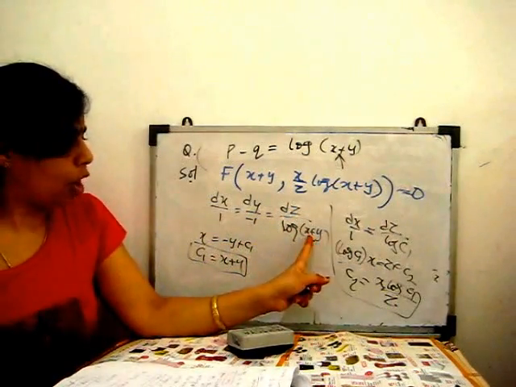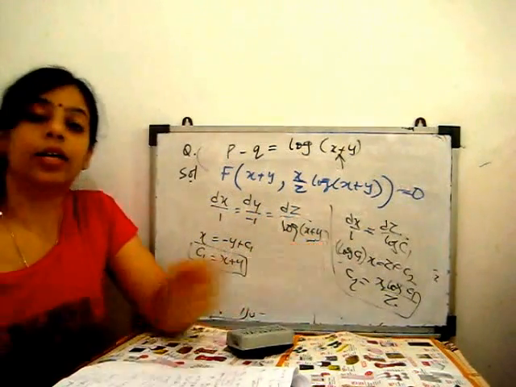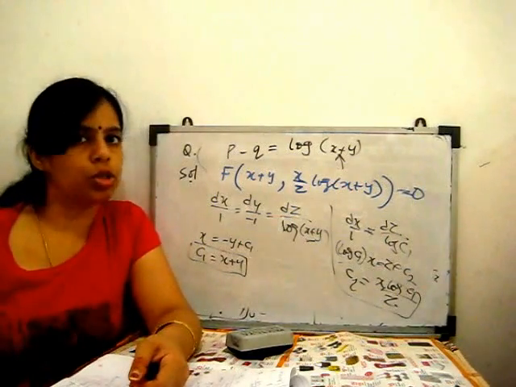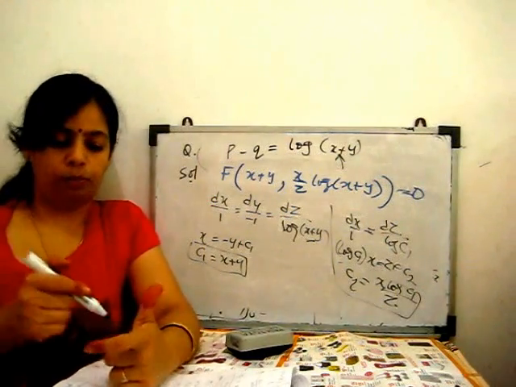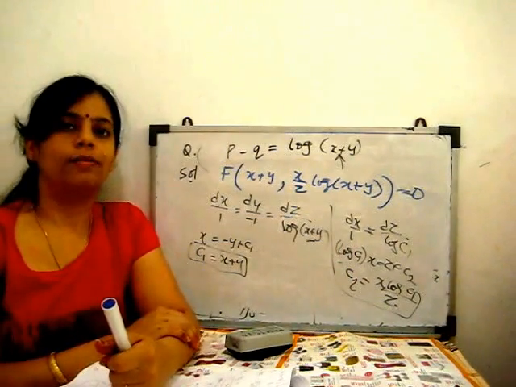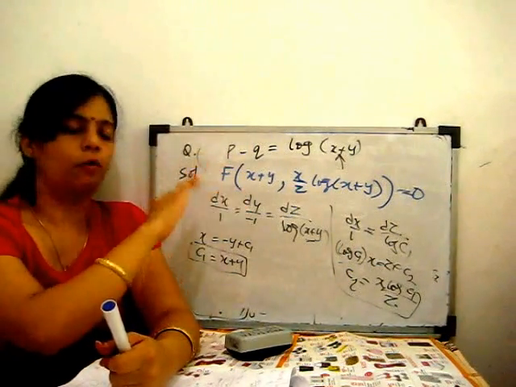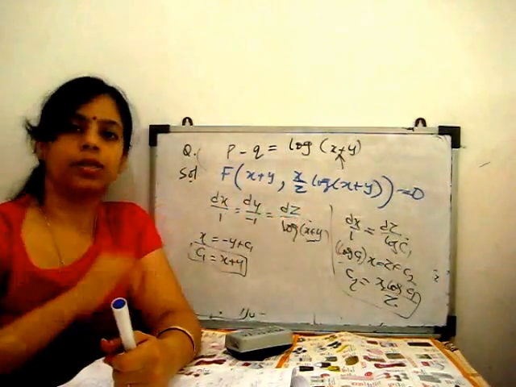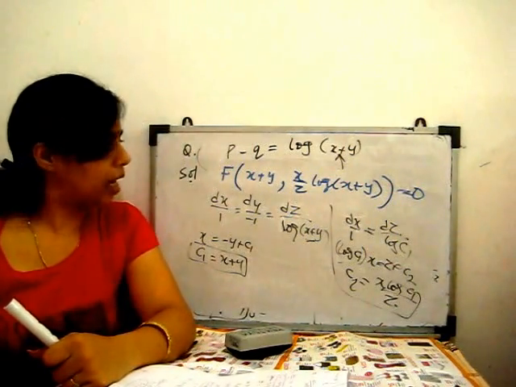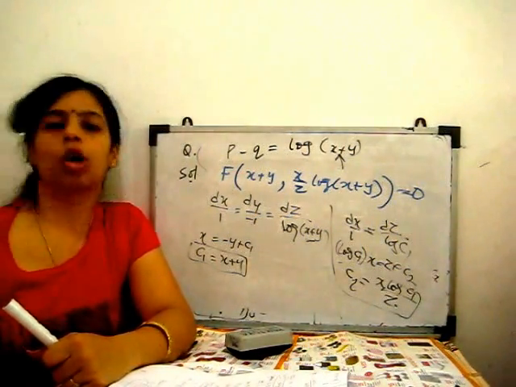Just substitute log(x + y), so x + y = c1. When you solve many questions, each question has one trick. Only practice makes perfect, so you learn from which expression the other expression follows easily. So this is the solution.